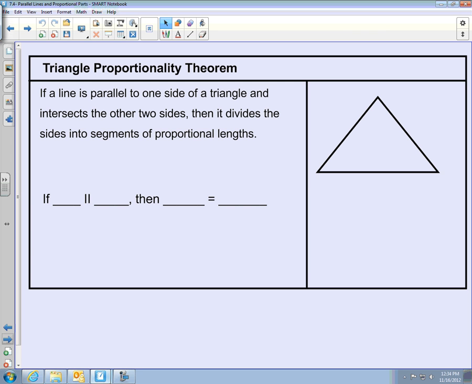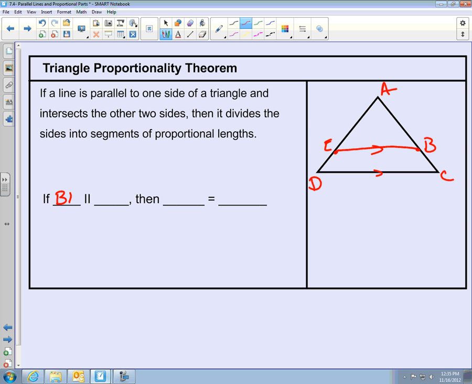So let's get started. If a line is parallel to one side of a triangle and intersects the other two sides, then it divides the sides into segments of proportional lengths. So if I have A, and I have a line that intersects at B, and here's C, D, and it intersects at E, and EB is parallel to DC, then I'm going to have some proportions.